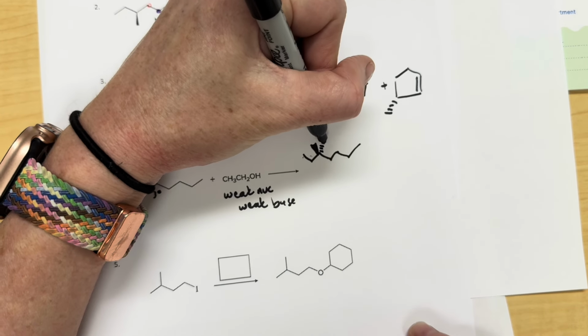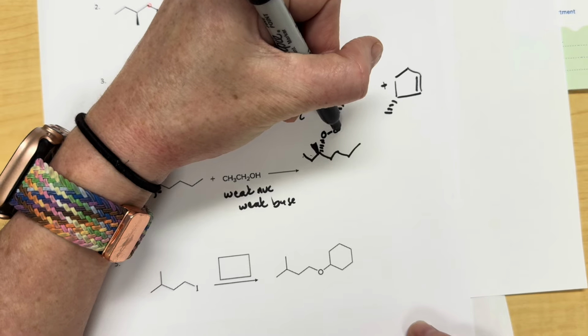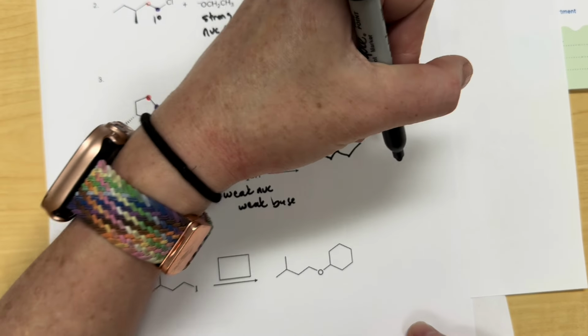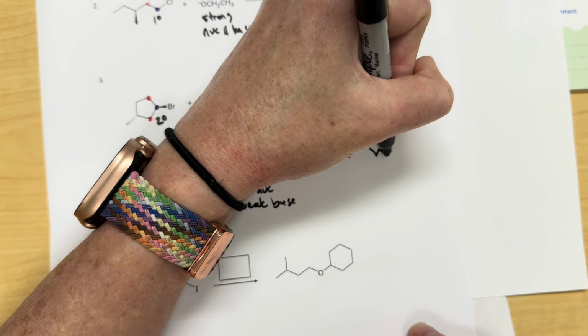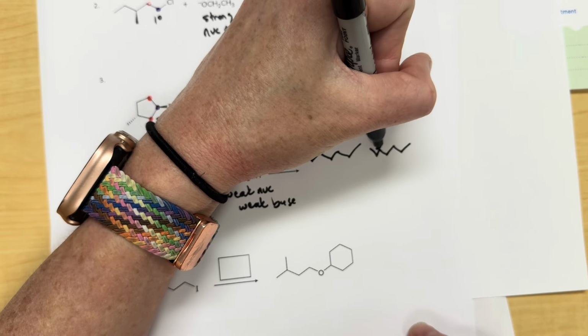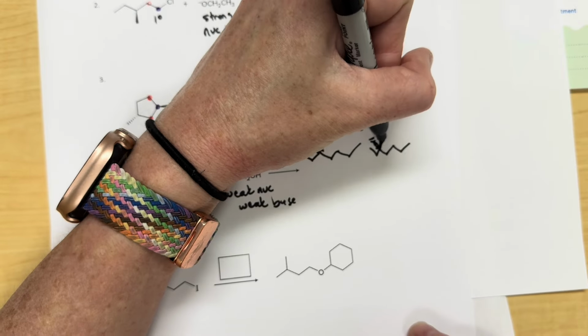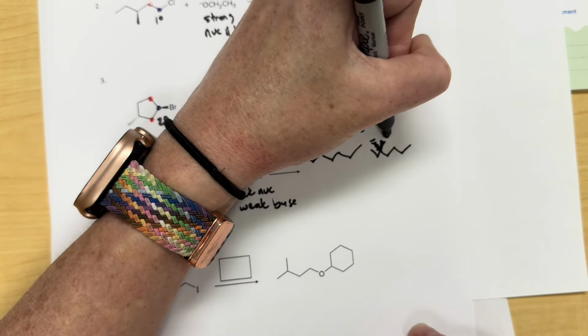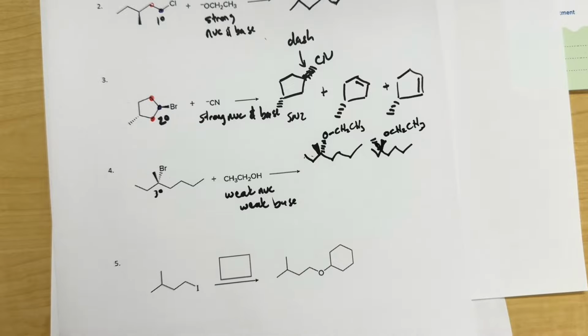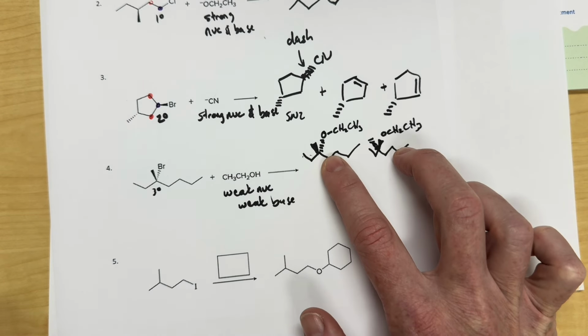Okay, so you'll have one where the O, CH2, CH3 is there on a dash. You'll have one where it's on a wedge. Let's do the dash there and the wedge there. Okay. So these are our 2 SN1 products.